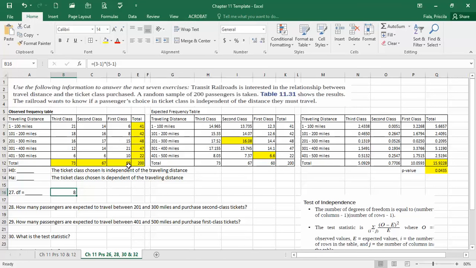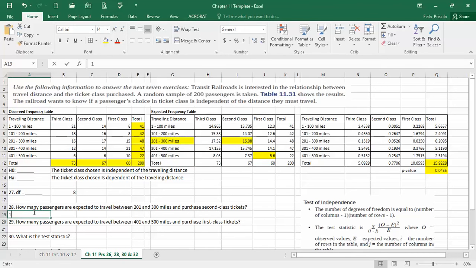Okay, and then right here I showed you how to do the 3 columns, 5 rows. That's how we got the degrees of freedom. And now this is easier since we did all this to answer how many passengers are expected to travel between 201 to 300 miles on the second class ticket.